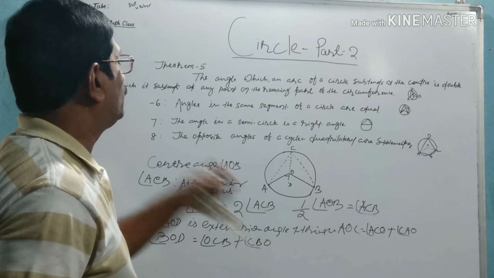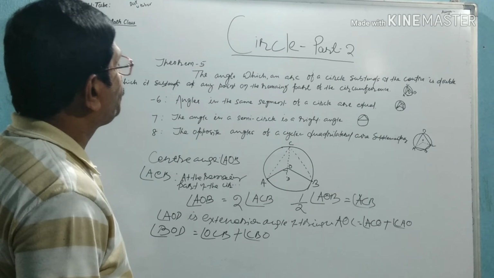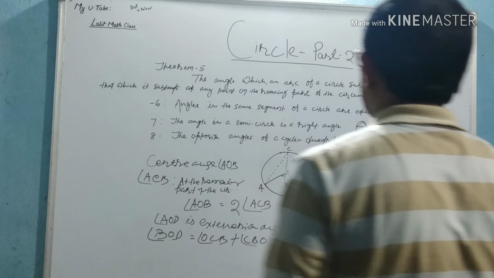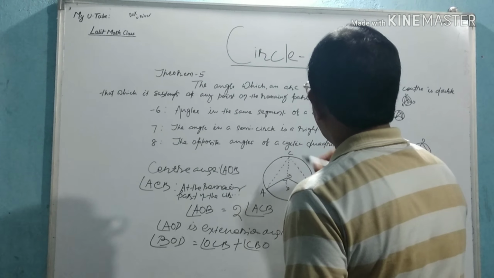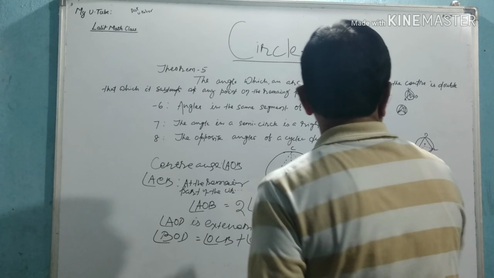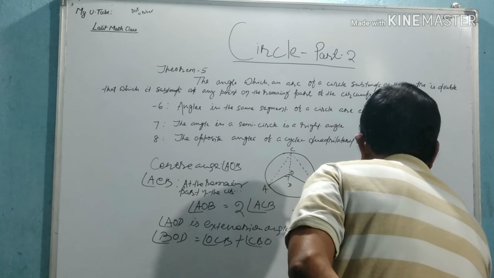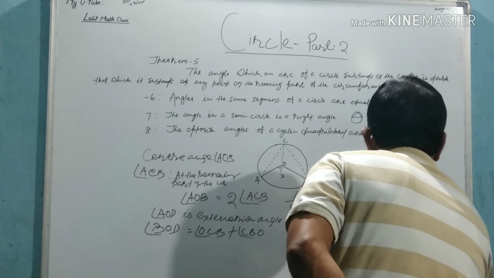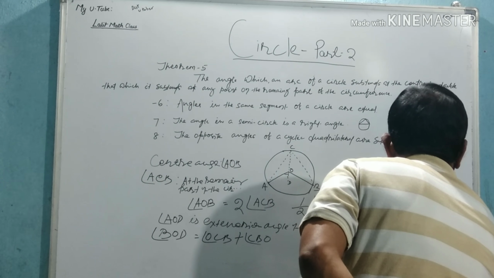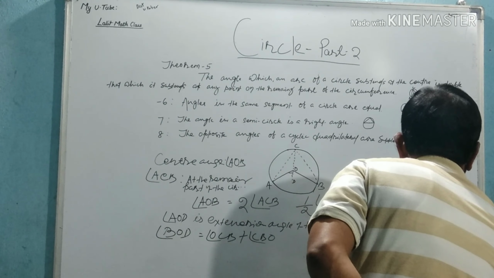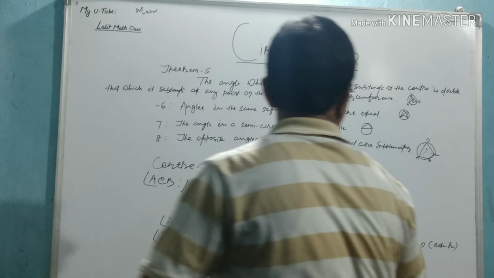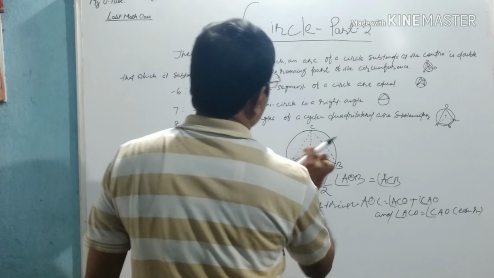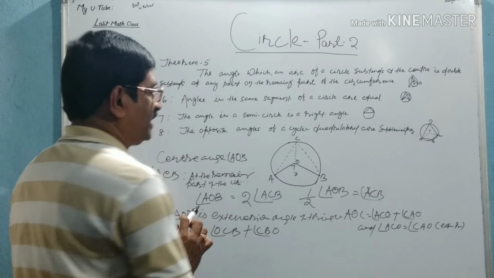And as you know, ACO equals CAO because AO and OC are two radii, so they are equal.